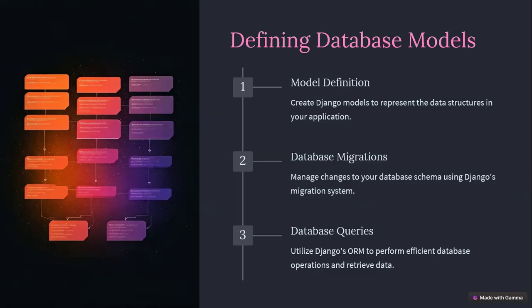If you are on, let's say, the terminal, it's python manage.py migrate. That's basically how to migrate your data. Then database query. So utilize Django ORM to perform efficient database operation.